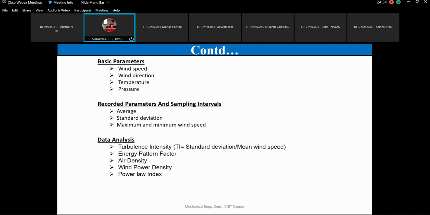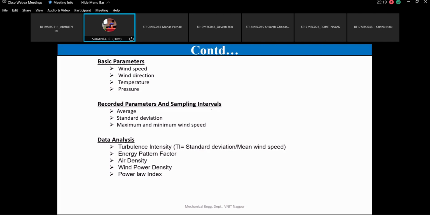And here, by using some software or coding, suppose MATLAB or Python, you can find the average wind speed in a short time, or the standard deviation, the maximum and minimum wind speeds for the entire year or for 2 years.